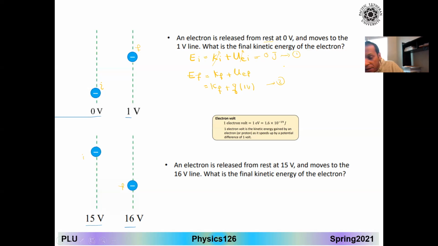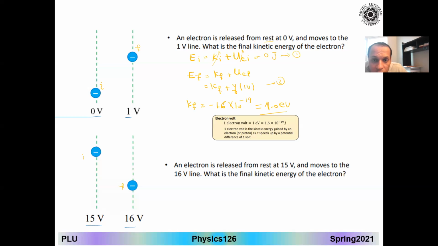We end up with Kf, the kinetic energy, equal to minus q times 1 volt, with q being 1.6 times 10 to the minus 19, and that represents 1 electron volt as the unit to measure this.